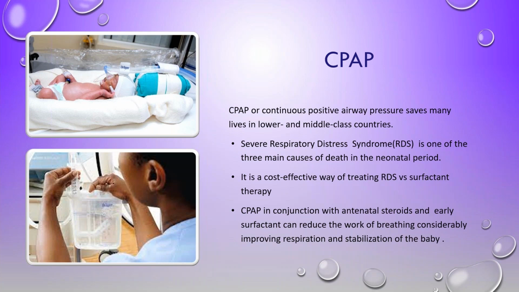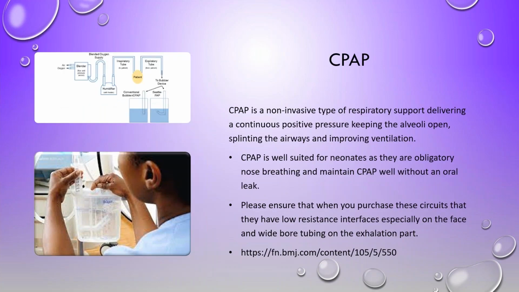Even in South Africa, surfactant is still very, very expensive. CPAP in conjunction with antenatal steroids and early surfactant can reduce the work of breathing considerably and improve respiration and stabilization of the baby.